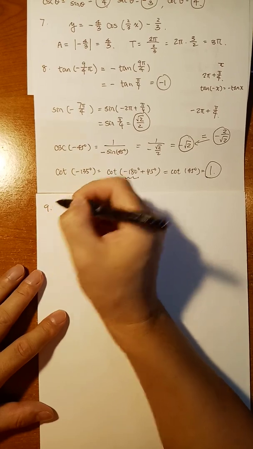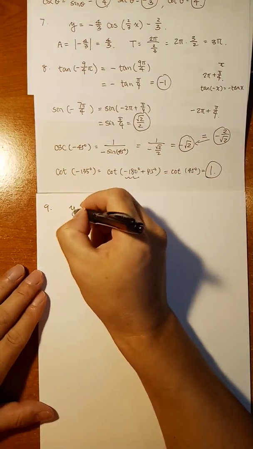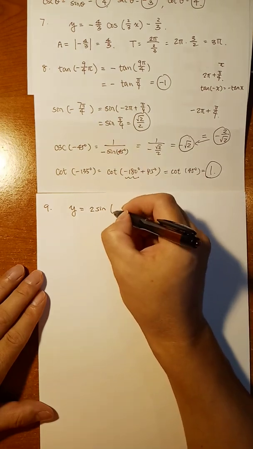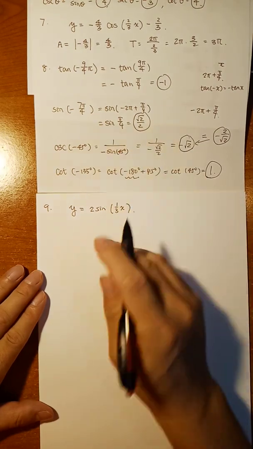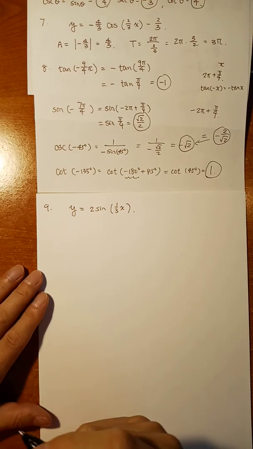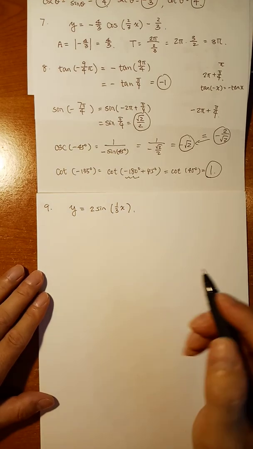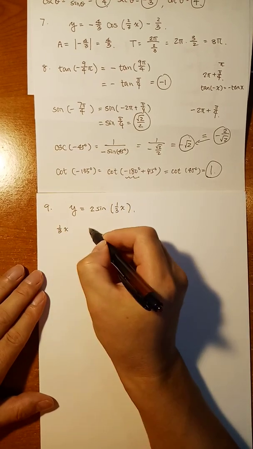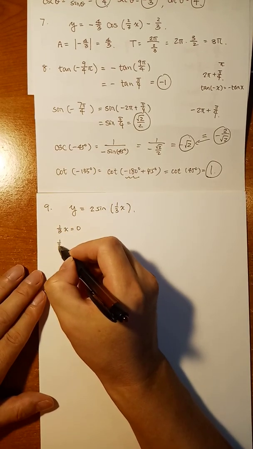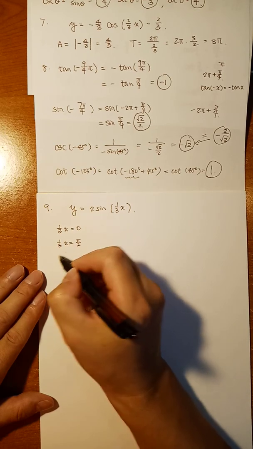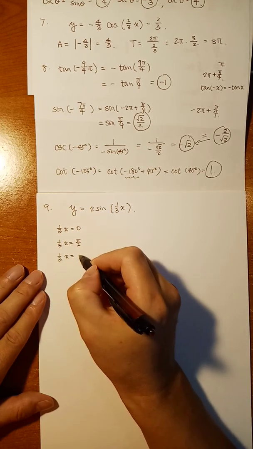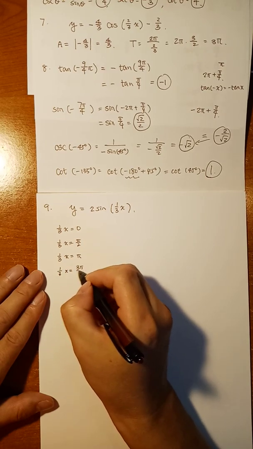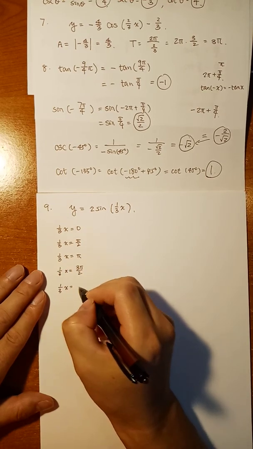Problem 9. We're trying to graph 2 sine of 1/3 of x, at least one period. Use the key point method. So we are going to let 1/3 of x be 0, pi over 2, pi, 3 pi over 2, and 2 pi.